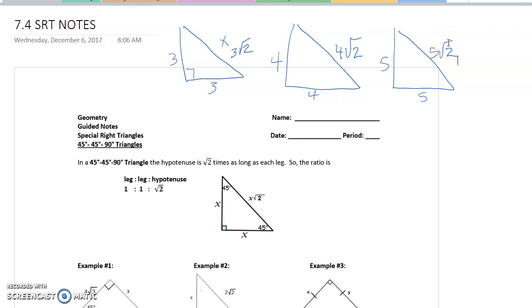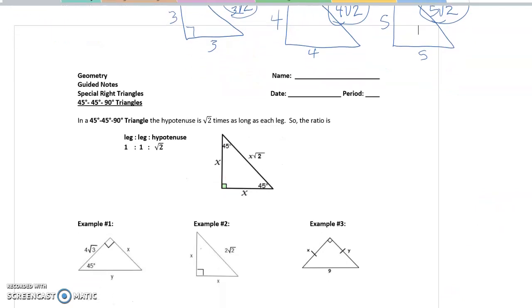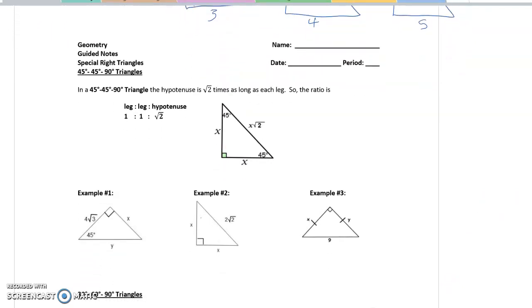So you should start to pick up something: every time I use Pythagorean theorem, my hypotenuse is coming out to the leg root 2. The leg root 2, the leg root 2. These are the legs. So if I look down here, I already started your notes, and it says in a 45-45-90, the hypotenuse is the square root of 2 times as long as each leg.